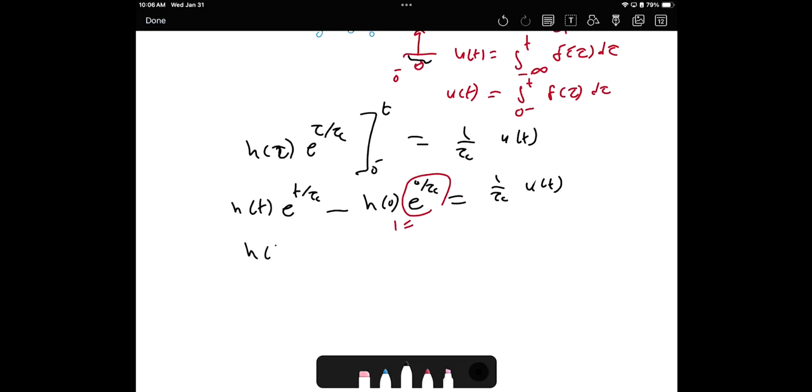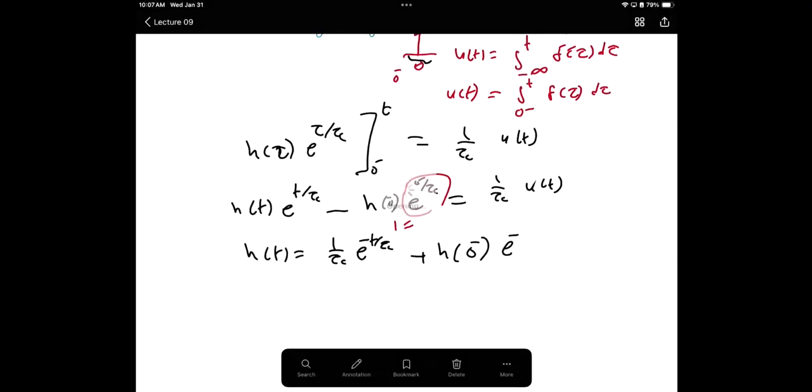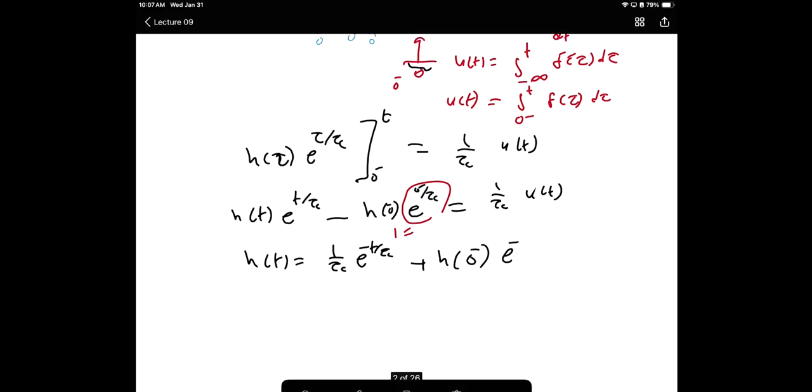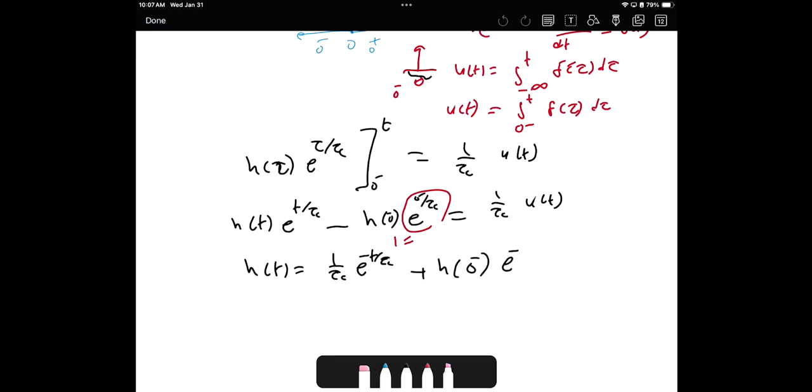So h of t will be 1 over tau c e to the power negative t over tau c plus h of 0 negative, times e to the power negative t over tau c.